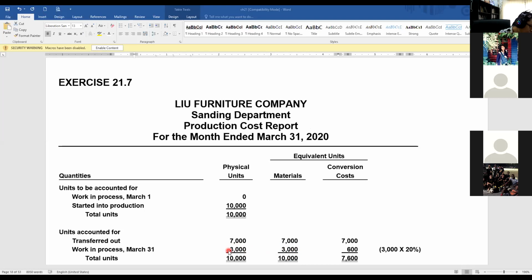Anyone know? 20%. So 3,000 times 20% will be 600. So 7,000 plus 3,000, we have 10,000 equivalent units in terms of material. 7,000 plus 600, we have 7,600 equivalent units for conversion.